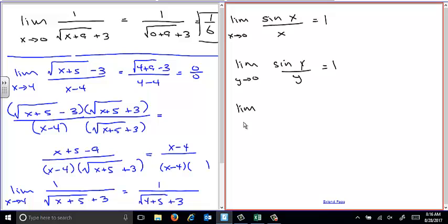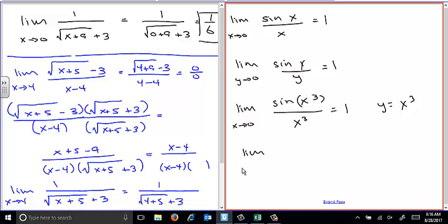The limit as x goes to 0 of the sine of x cubed divided by x cubed is 1 also. That's because you could say y is equal to x cubed. By making this substitution, it becomes that, which we already know is 1.